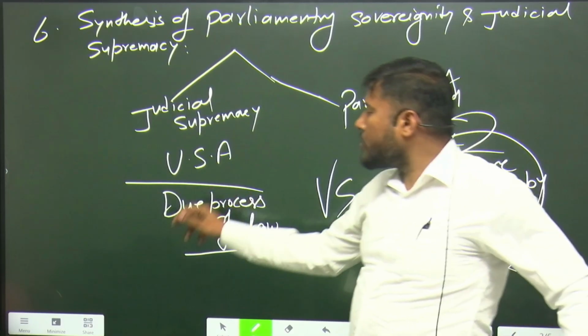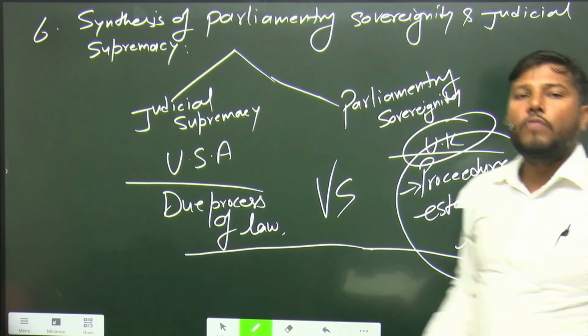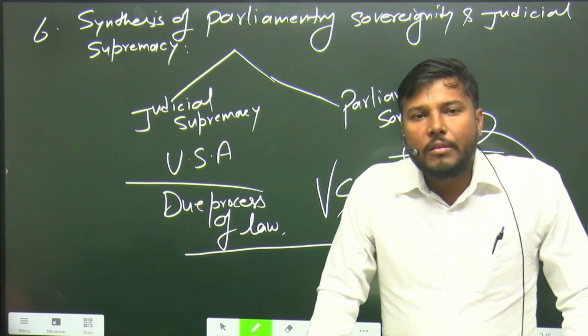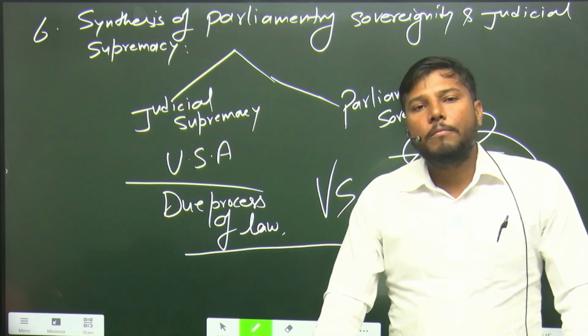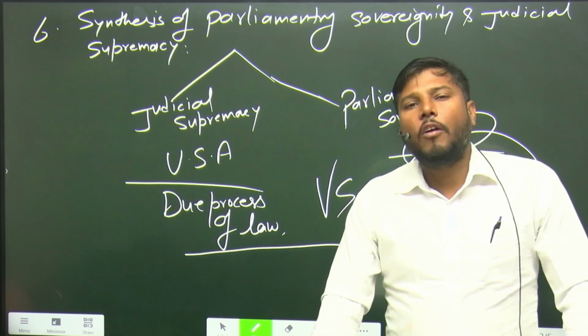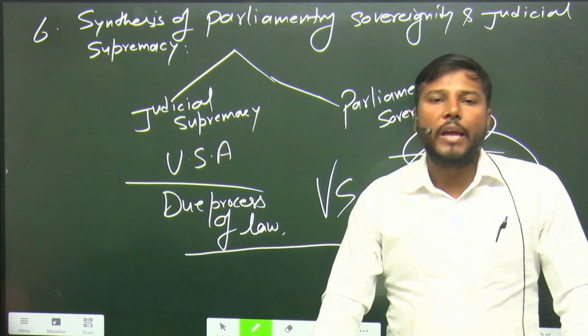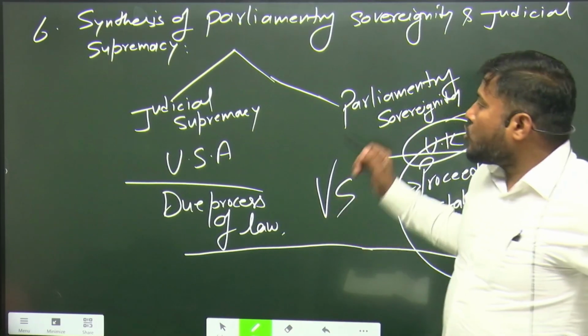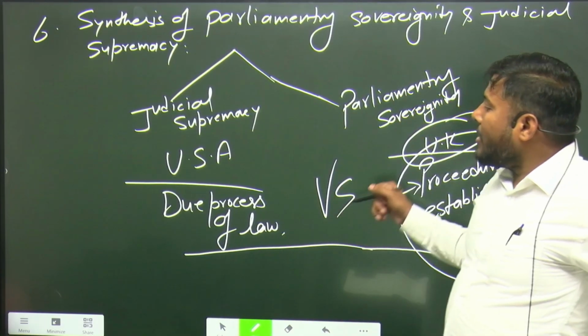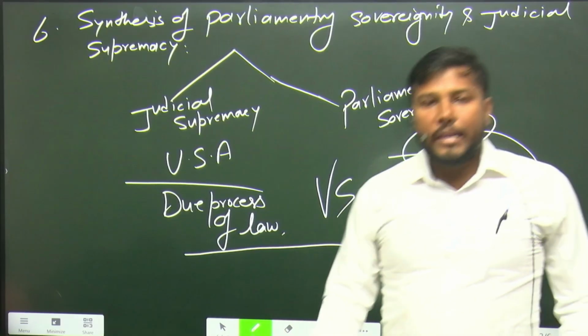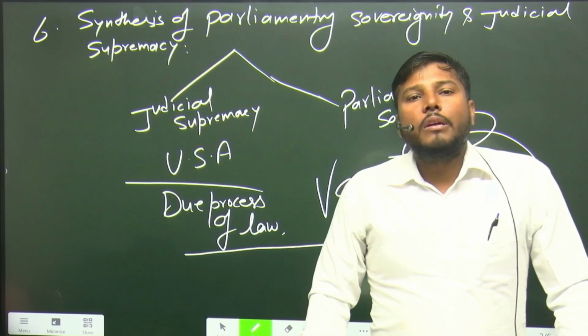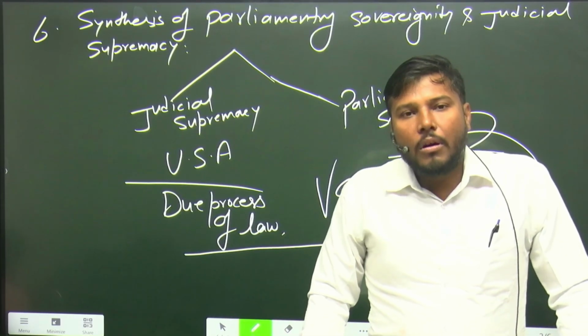What is the due process of law? Irrespective of whether the procedure is followed or not by the parliament or the legislature in general to enact a law, the Supreme Court or the judiciary will get into the natural justice concept of the law, right?